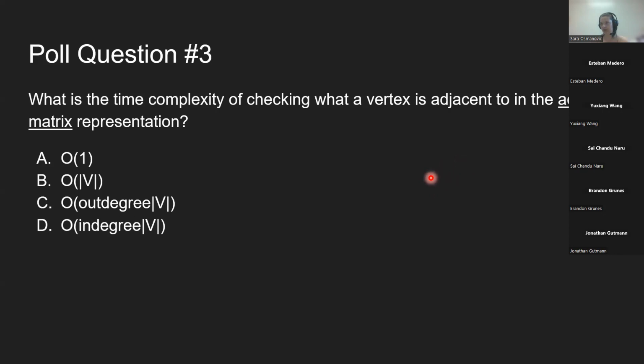I think I've read that question wrong for you guys. But you are correct for that. Now, this is a really weirdly phrased one, but what's the complexity of checking all vertices that are adjacent to some vertex?